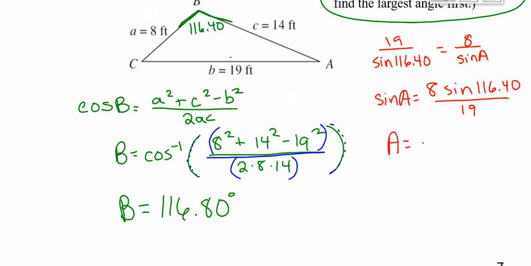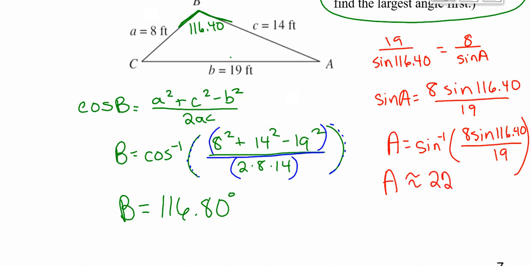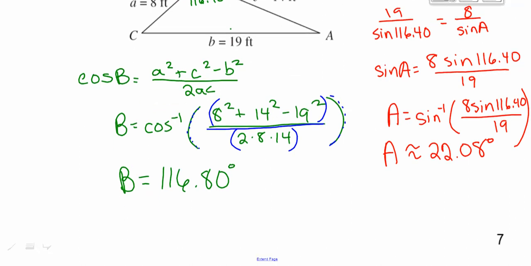And then A equals the inverse sine of 8 sine 116.80 divided by 19. Again, if you want to try that, go ahead and pause. Otherwise, I will just be showing you the answer. And so for that one, A is approximately 22.08 degrees.